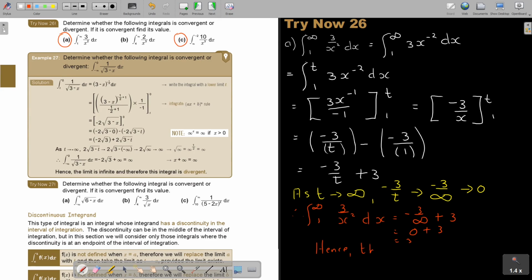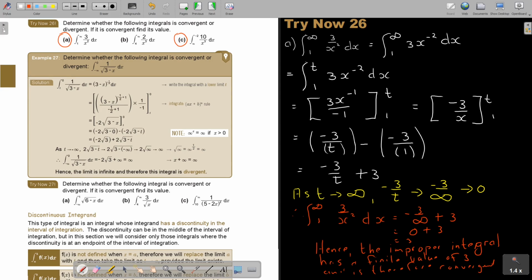Hence, the improper integral has a finite value of 3 and is therefore convergent.